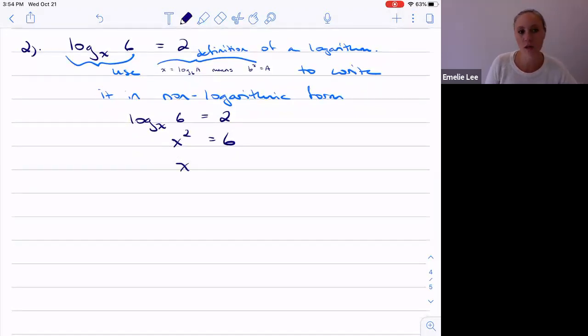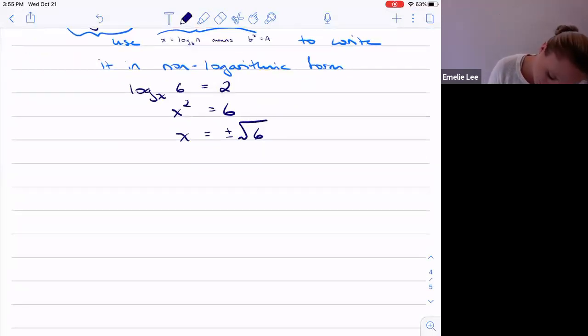Once you take the square root, we get the positive and the negative square root of 6, right? But this is one of those situations where the base has to be positive, so it has to be just the positive root 6. So the negative root 6 is not a viable solution.